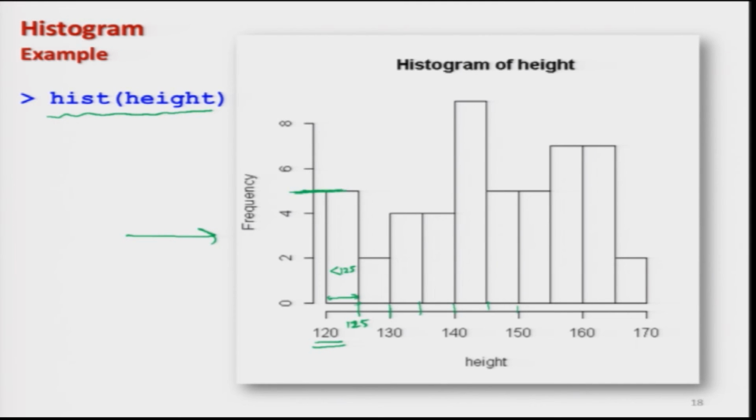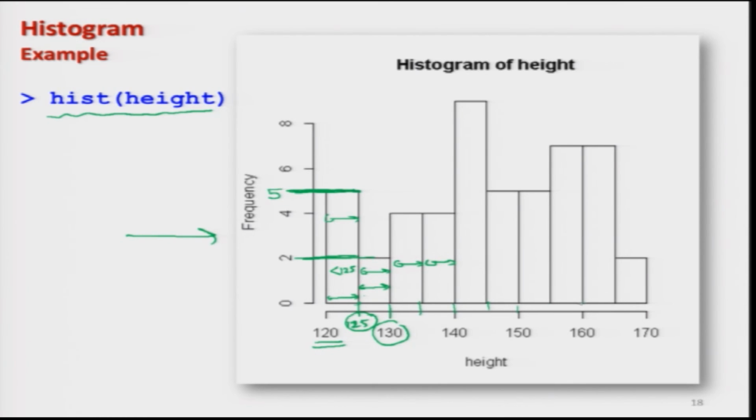Since the width of each of the bars is the same, by looking at this value I can say that there are 5 values which are smaller than 125. Similarly, for this interval the frequency is 2. So, there are 2 values lying between 125 and 130.